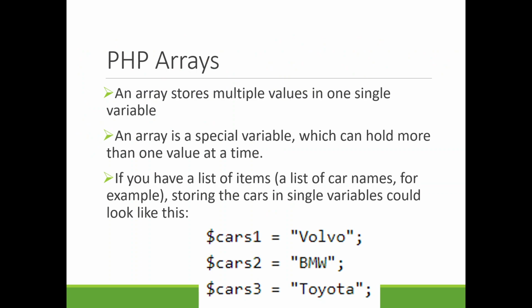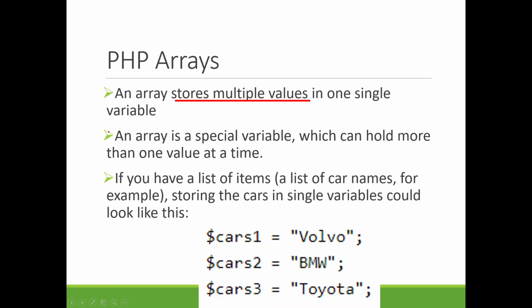So let's move on quickly to PHP arrays. An array is a variable. The only difference between an array and other variables is that the variables we've looked at so far store a single value, while an array stores multiple values.